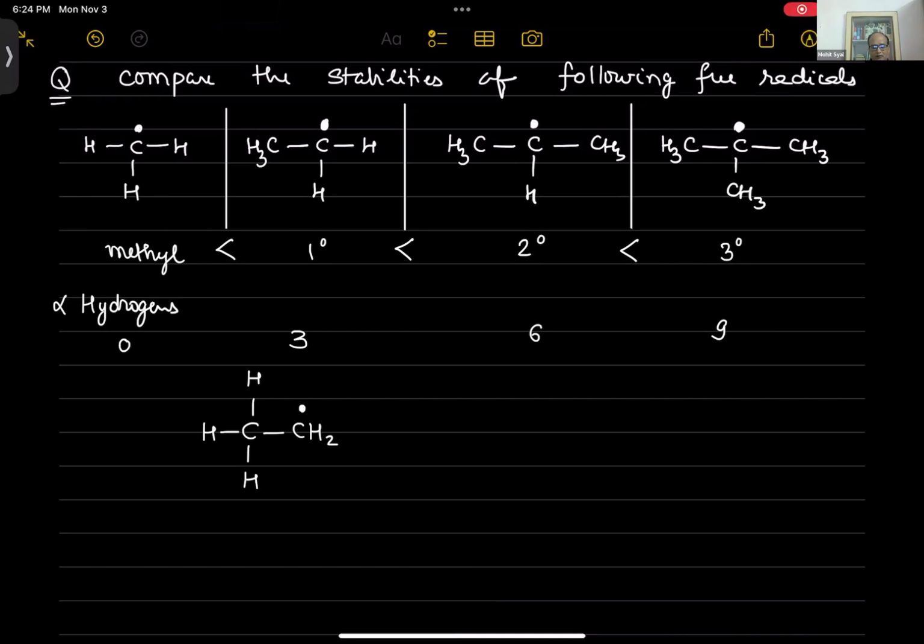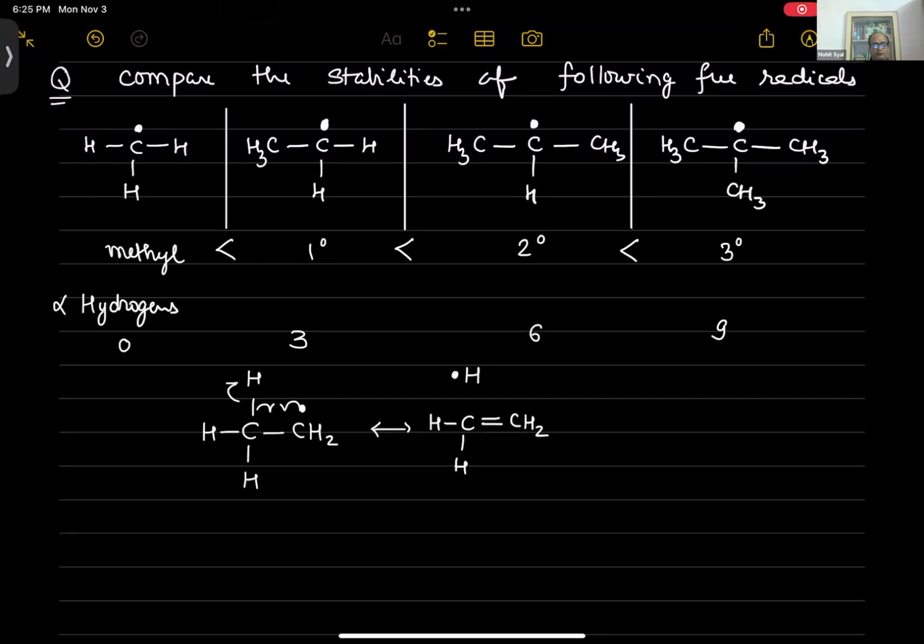So you have just one electron, what will happen? This one electron and this will form a bond, and the H with the one electron will be shown like this. Clear or not?